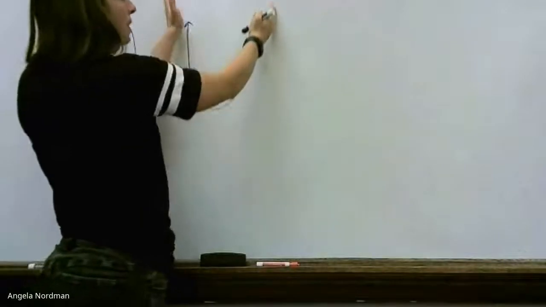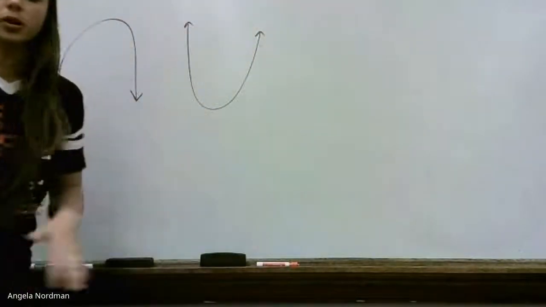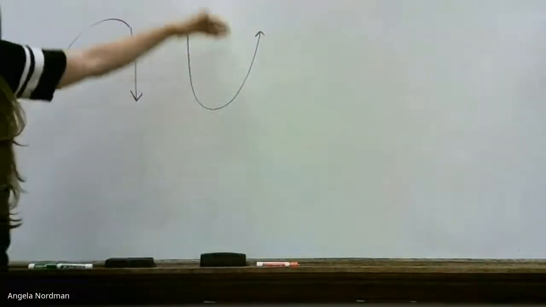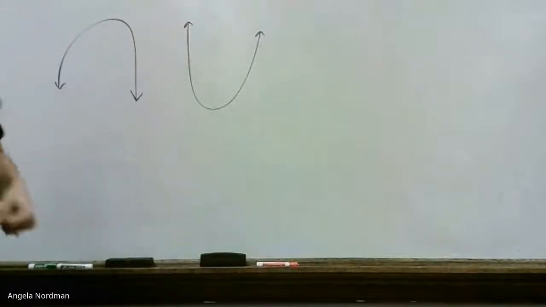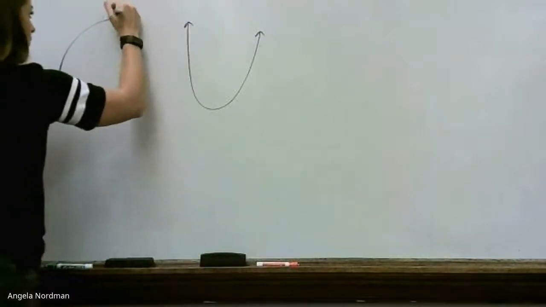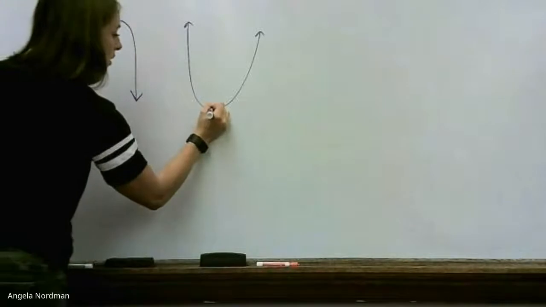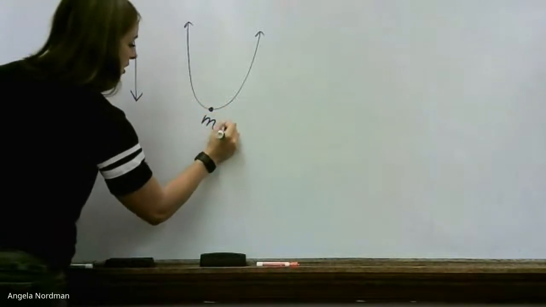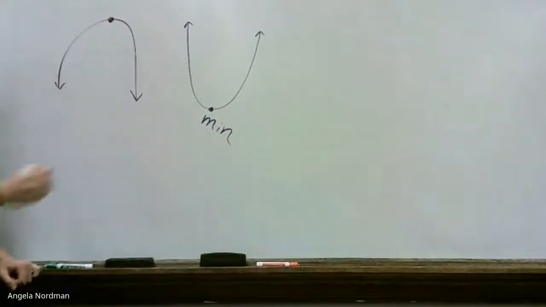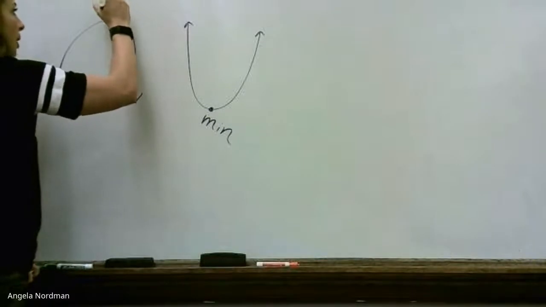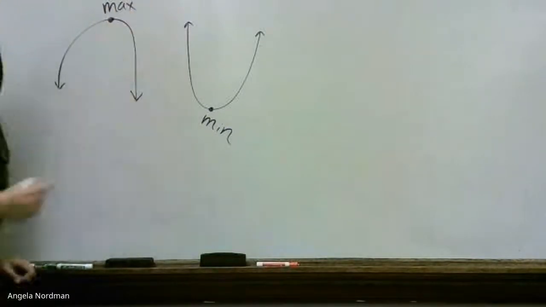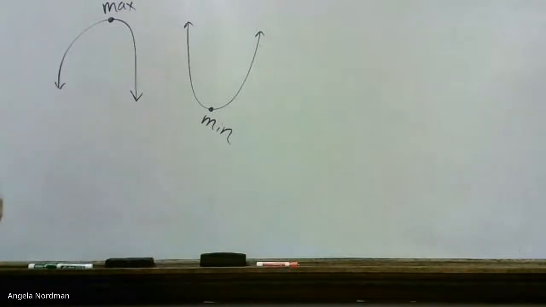It opens up and it's going to continue up absolutely forever. So I'm never going to have my highest point. So this parabola will have a minimum, and this parabola will have a maximum, but never both, okay?